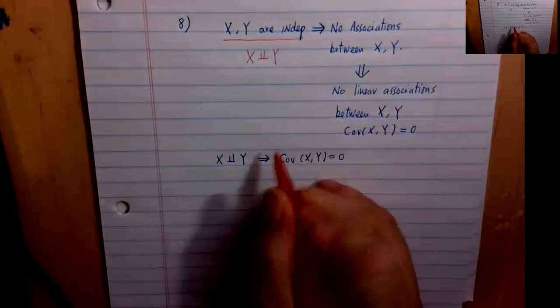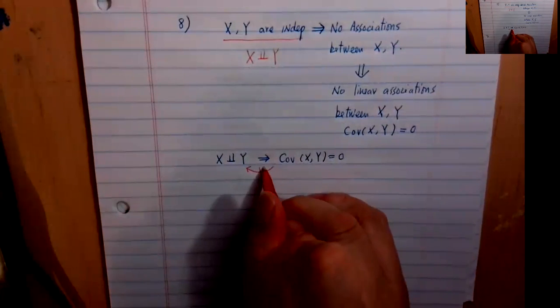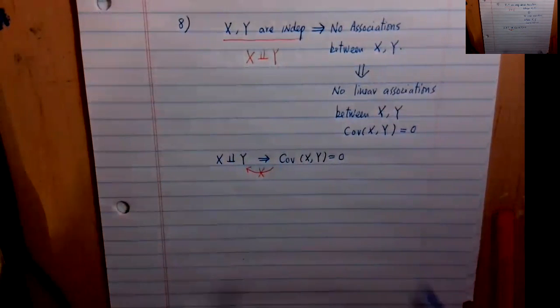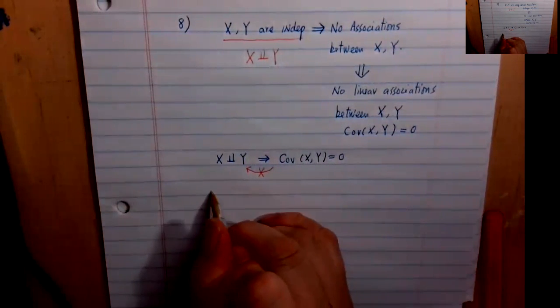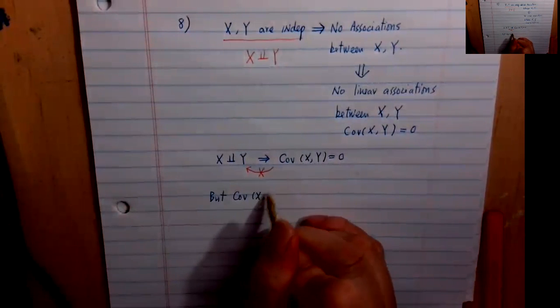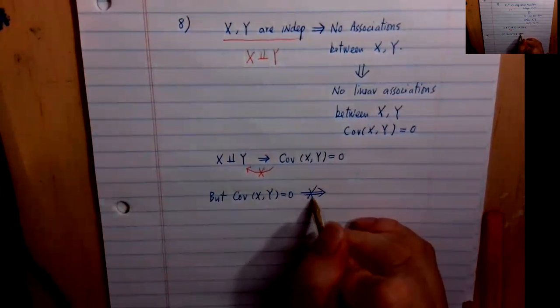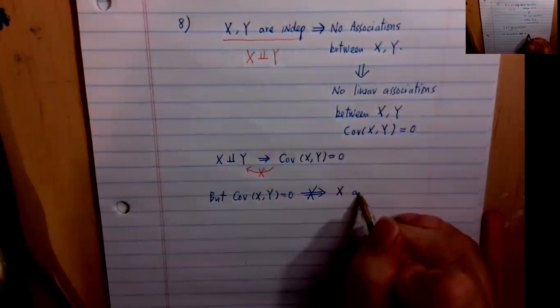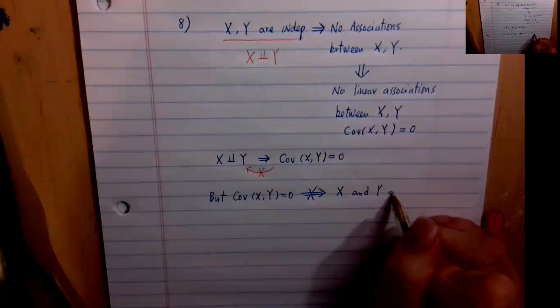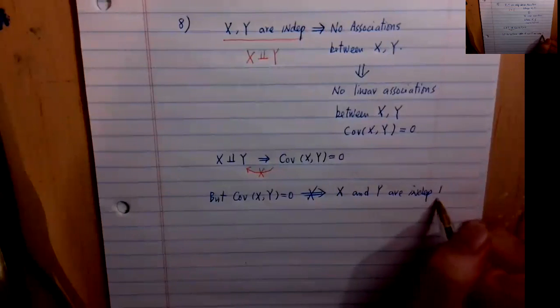However, the reverse direction is not true. Covariance XY equal to 0 doesn't imply X and Y are independent. Okay, let me give you a very simple example.